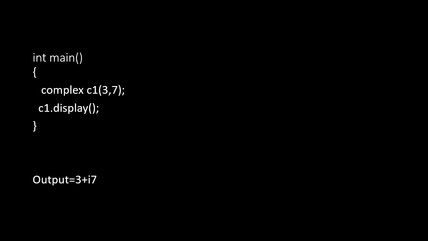Now I don't want to use the void display function for showing a complex number. I want to use cout C1 for this. So for this I should overload the insertion operator. Let me slowly build up the concept.